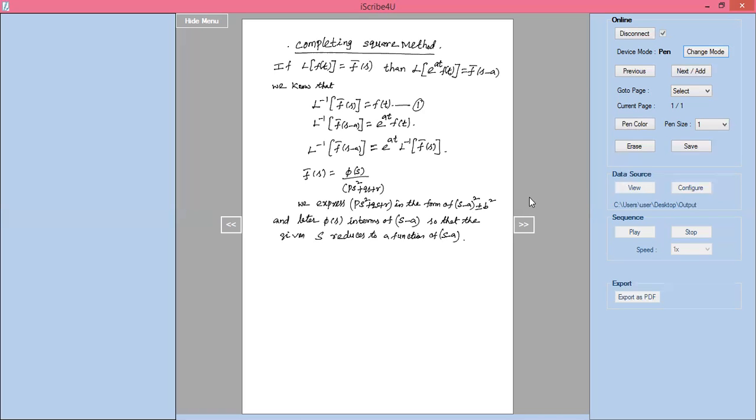This one I can take as equation number 3. This is equation 2, and this should be equation number 3.